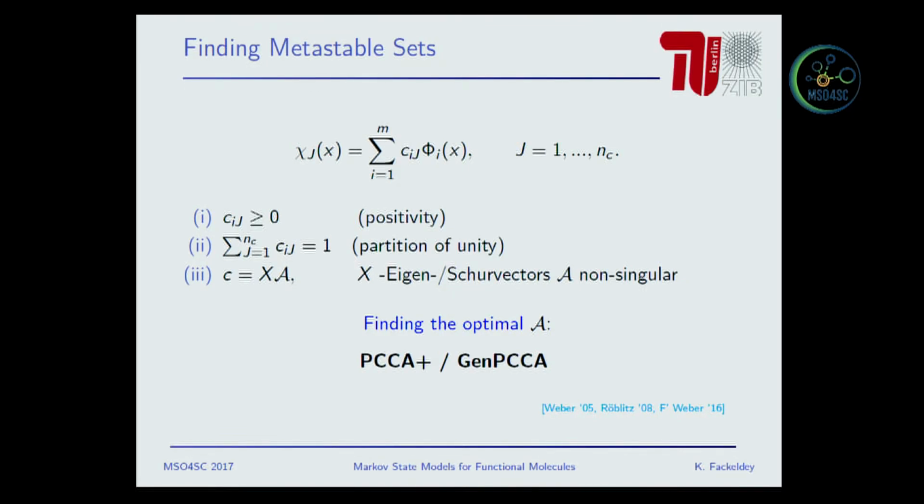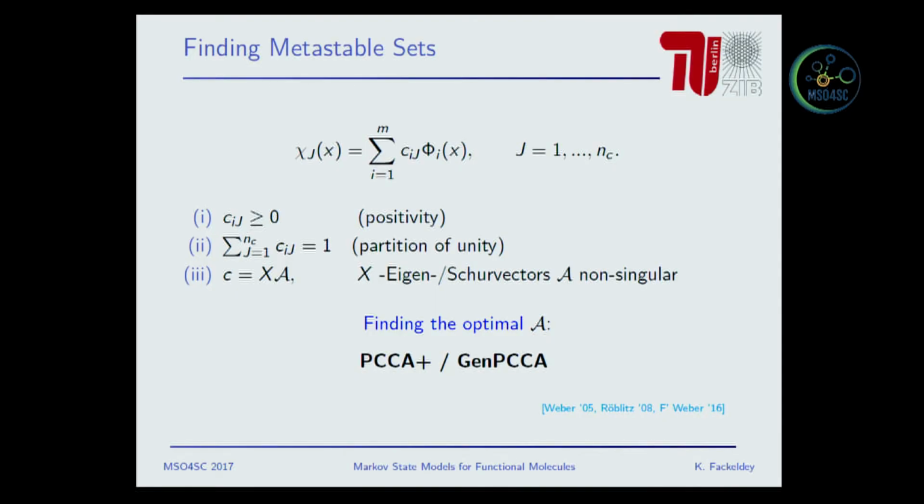It's called PCCA, and GenPCCA is a product which we developed in the last year. It is also capable of being used for a broader class of molecular simulations. The idea is that we want to identify the portions of the system where the metastability lies, and these portions are simply linear combinations of these eigenfunctions.